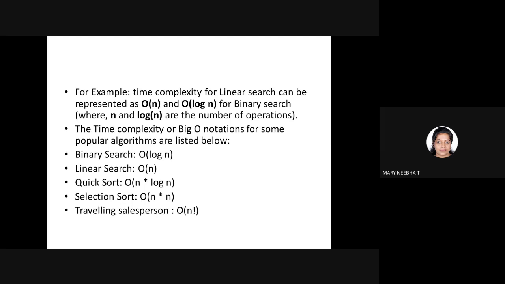If you want to search the number 10, it is present at the last. It compares every element of the array, so linear search uses 10 operations to find the given element here.